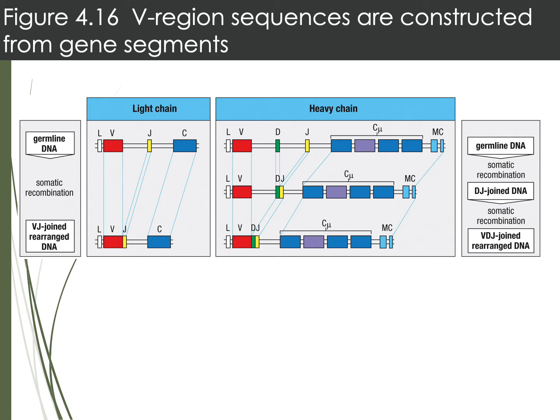So now we have a VDJ that's been selected and rearranged, joined together. You'll notice that you're keeping those constants on the heavy chain, so it's not selecting for each one. But what is in the germline DNA is different than what is in the final B cell after it's undergone gene segment rearrangement.